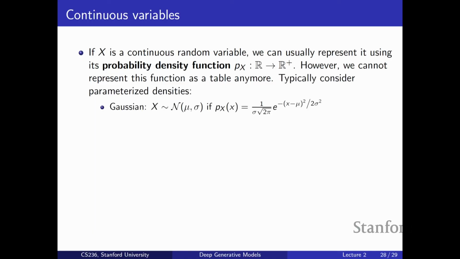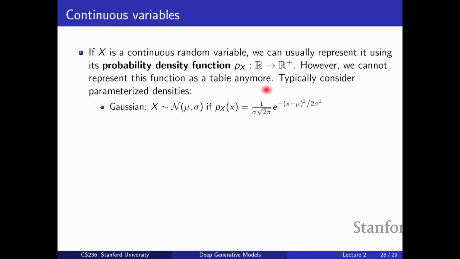So you have to assume that there is some functional form, some function that you can use to map different values of X to a scalar. For example, you can assume that X is Gaussian, which means that there is a relatively simple function that depends on two parameters, mu and sigma.